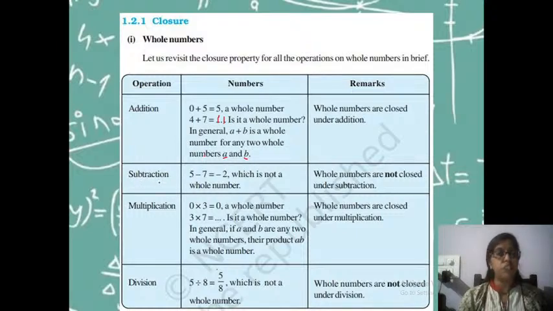So now coming to subtraction. Keep in your mind, we are doing the closure property for whole numbers. So be careful. Now in subtraction, 5 minus 7 equals minus 2. How will you do this? This is plus 5 and minus 7.